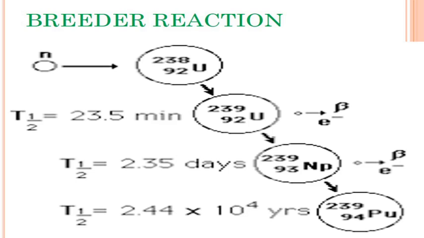So that's another example of a breeder reaction, converting thorium-232 into uranium-233. So that's about the breeder reaction.